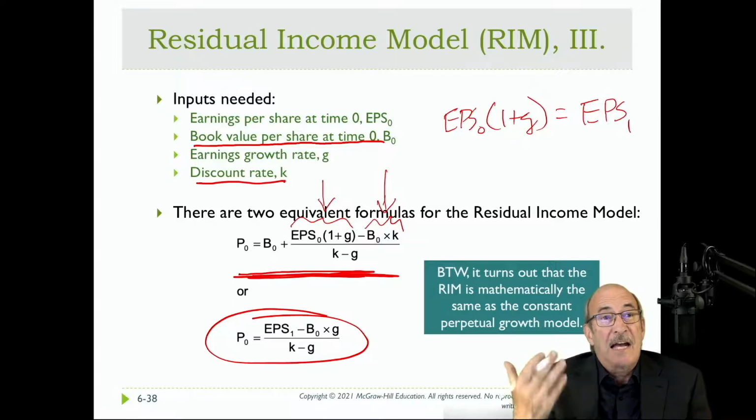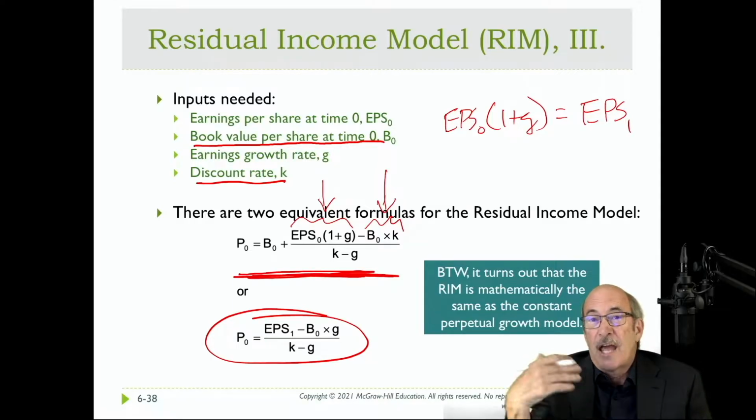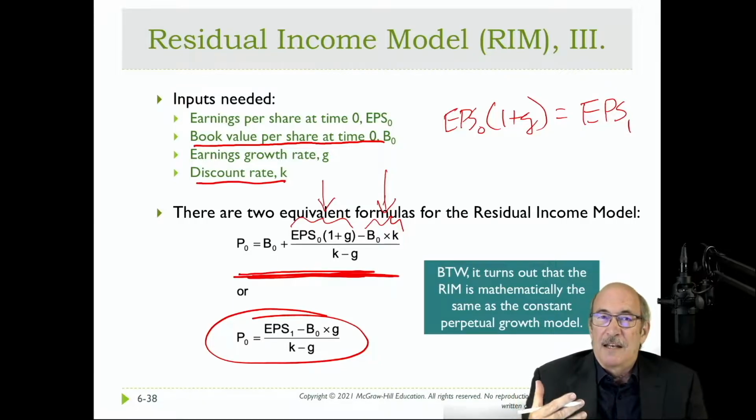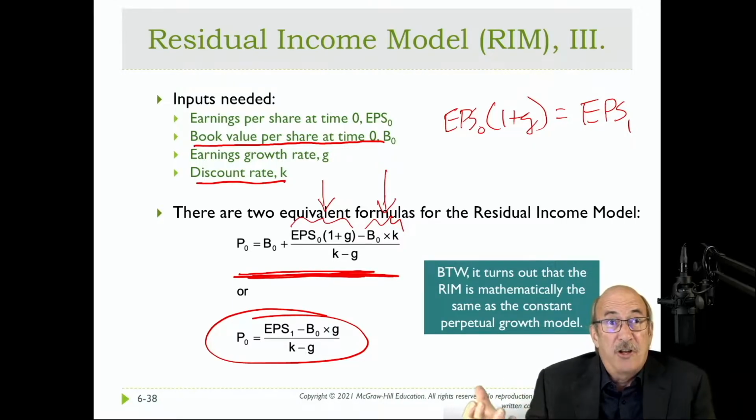So that's the actual earnings that we get, minus the earnings that we should be getting given the riskiness of the company and the book value of equity. If that value is positive, then we have created economic value in the company.